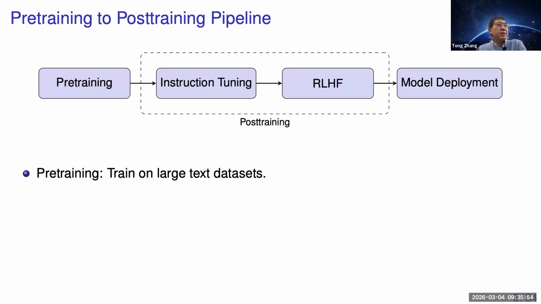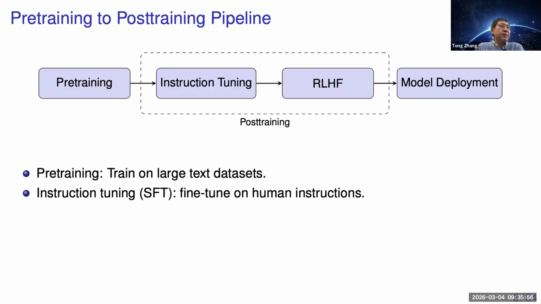Pre-training is on a large text data set, right? Instruction fine-tuning is on human instructions, so this is more to do with what humans want. Basically, it's pairs: you have questions, you have answers, and then the model will learn what kind of answers you want from the chats.